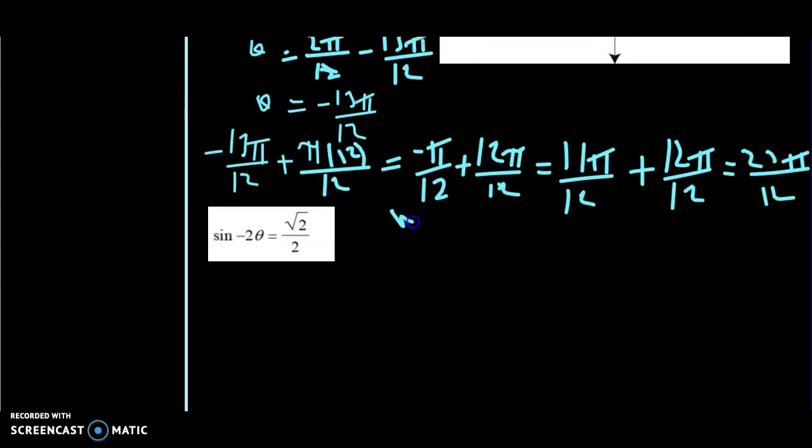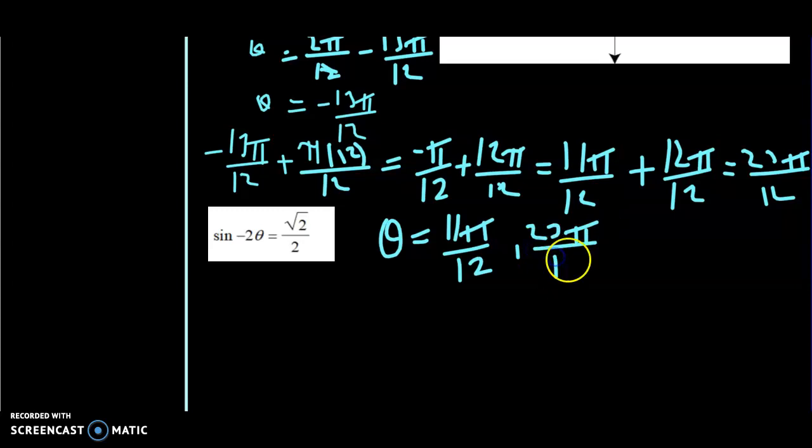Theta equals 11 pi over 12 and 23 pi over 12.